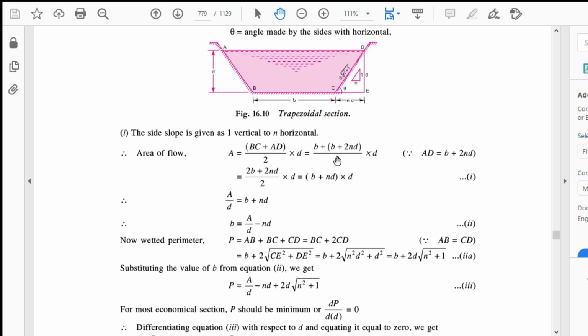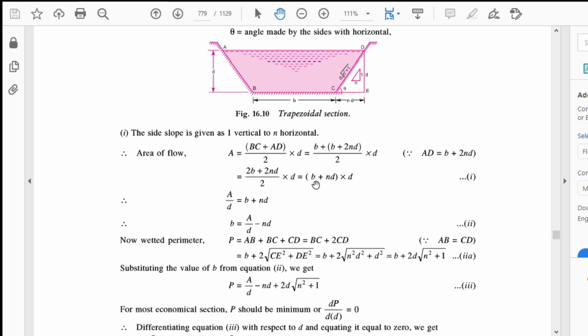So put it in the equation, you will get B plus 2ND by 2 into D. That is 2B plus 2ND by 2. Take 2 as a common value outside the bracket and cancel it from numerator and denominator. You will get BD plus ND squared, that is D in bracket B plus ND.